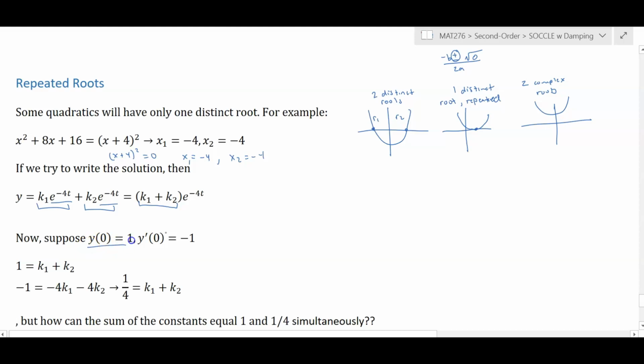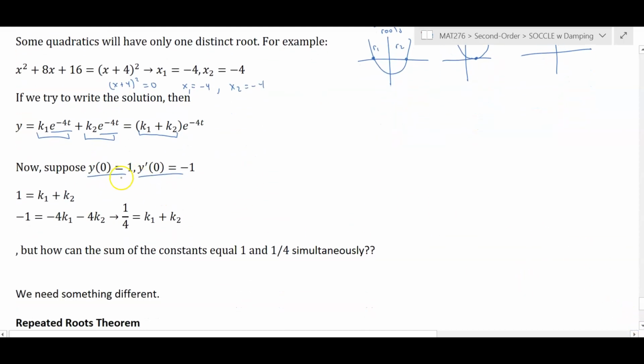But let's say you have two initial conditions now, one for position and one for velocity, or rather the function's initial condition and its derivative's initial condition. So in this case, we would plug in 1 for y, e to the 0, we just get k1 plus k2. You take the derivative of this, and y prime would be negative 4 k1 e to the negative 4t plus negative 4 k2 e to the negative 4t.